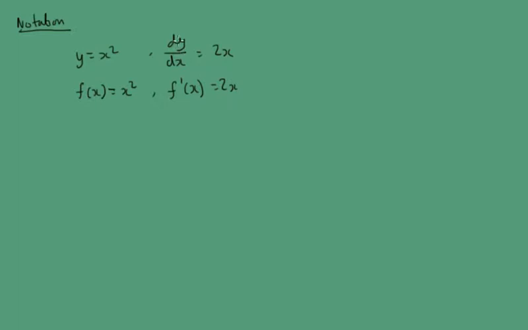So dy by dx and f dashed of x mean the same thing. This is the derivative. And we can also have d by dx of x squared equals 2x. So that means we are differentiating this function with respect to x.